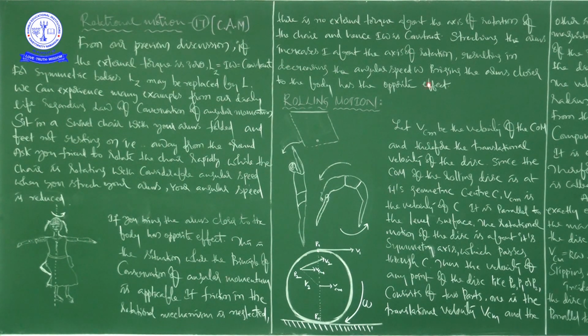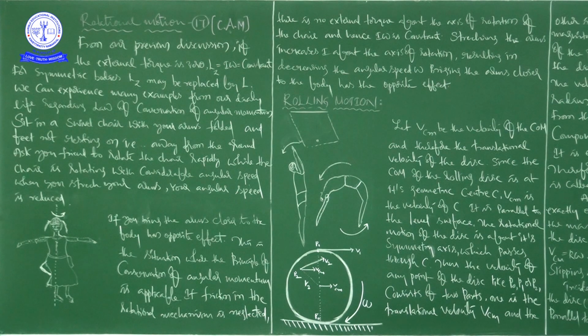When I omega is constant, stretching the arms increases I about the axis of rotation, resulting in decreasing the angular speed. You know very well, when I omega is constant, I is inversely proportional to omega. So if I increases, omega decreases. If I decreases, omega will increase.